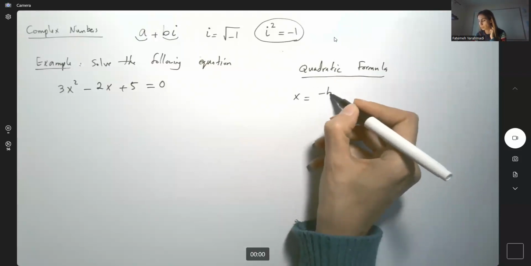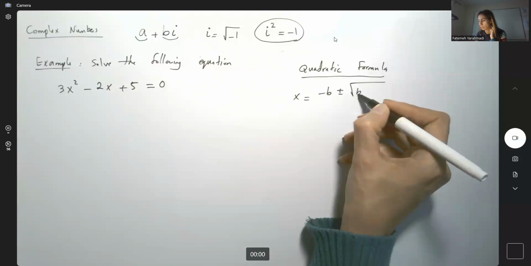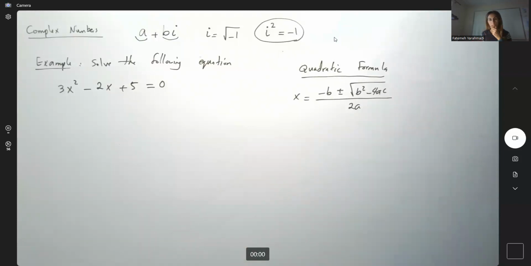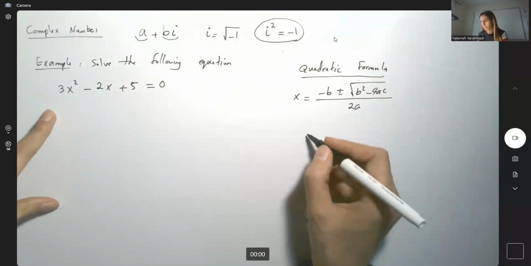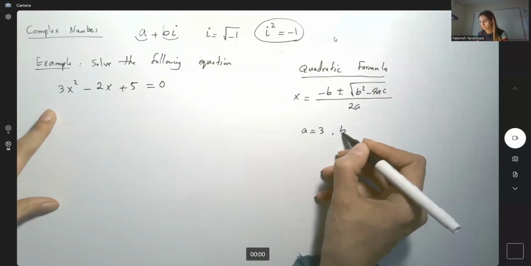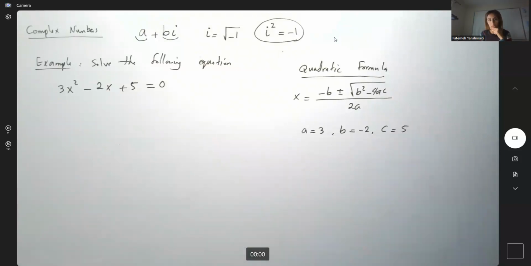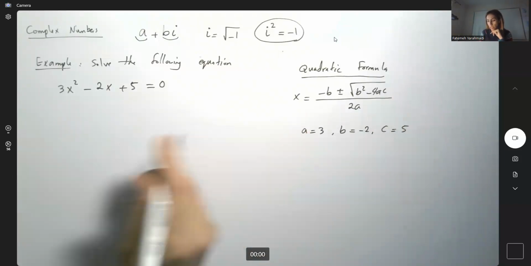x is negative b plus or minus the square root of b squared minus 4ac, divided by 2a, all right? So a is equal to 3, b is equal to negative 2, and c is 5. Now let's just plug those into this equation.